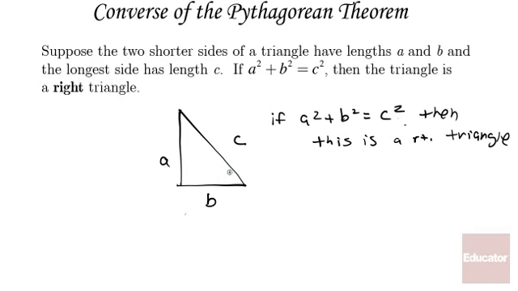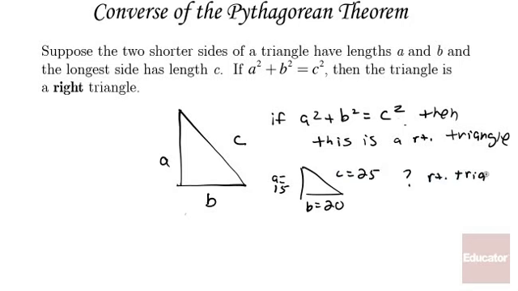For example, let's say I am given a triangle that has sides A equals 15, B equals 20, and C equals 25. And I want to know if it's a right triangle. Well, then all I need to do is go back and check if it satisfies this relationship.